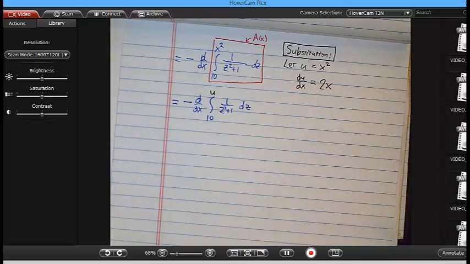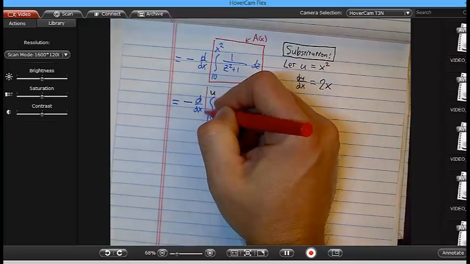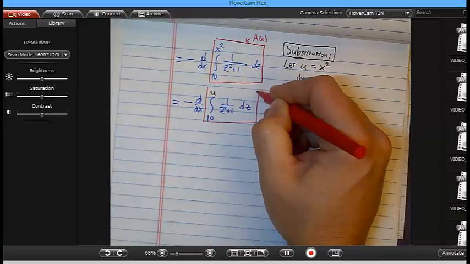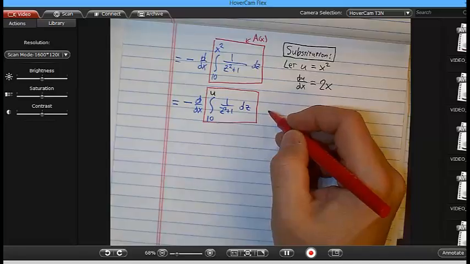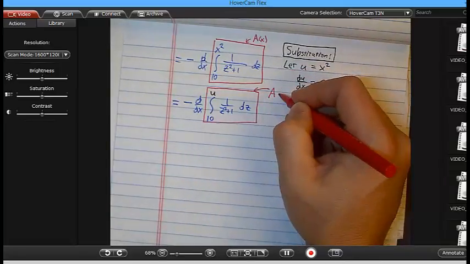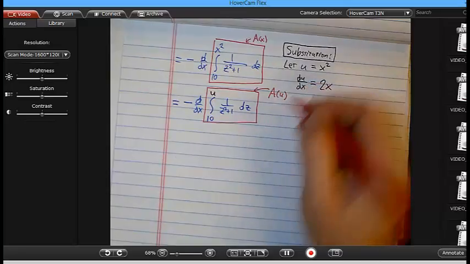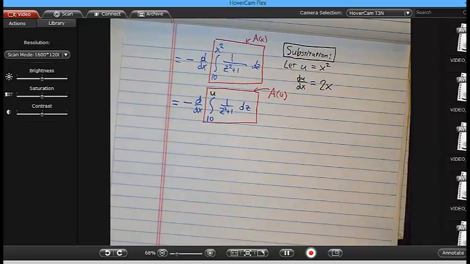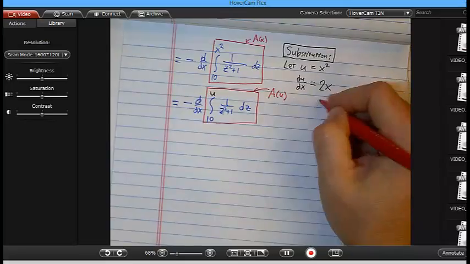And so notice now, this is not a function of x anymore. This is a function of what? Of u. Right? That's a function of u. So this is where I have to be really careful, and I have to remember things about the chain rule.